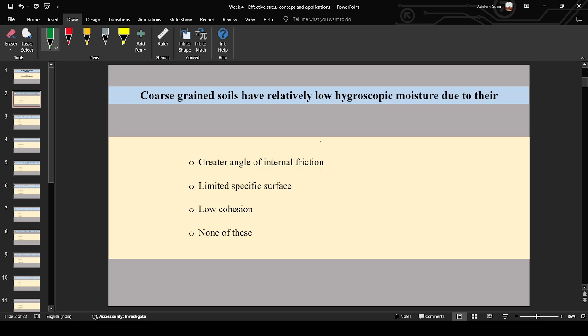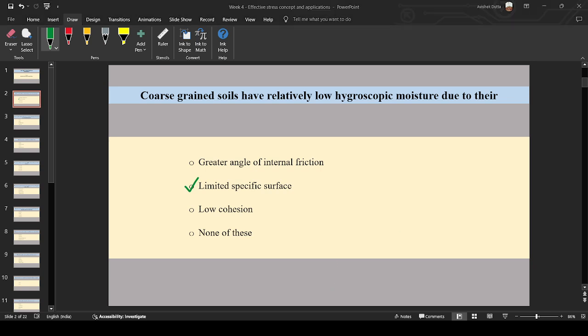So the answer to this question is limited specific surface. Coarse grained soils have relatively low hygroscopic moisture due to the limited specific surface. I hope the explanation was clear. Any doubt regarding this?